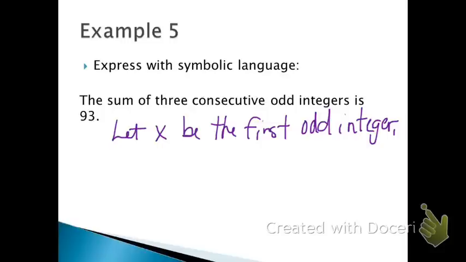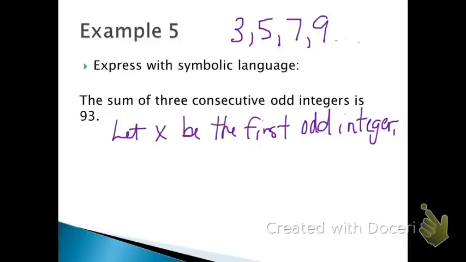So let's think about this. If I have an odd integer, the next consecutive odd integer would be 5, and then I could have 7, 9, and so forth. So in order to get from one odd integer to the next, this time I'm not adding 1, but I have to add 2.